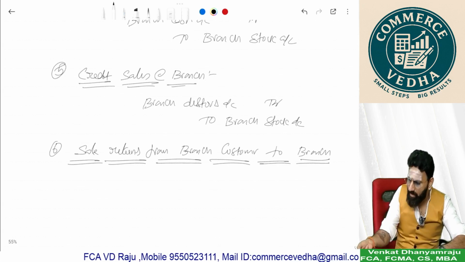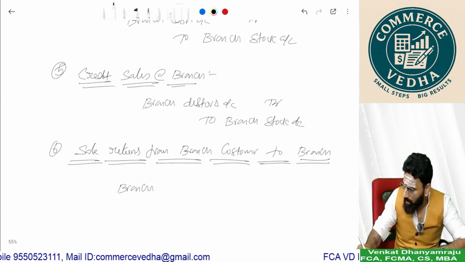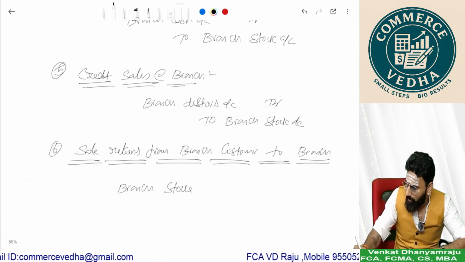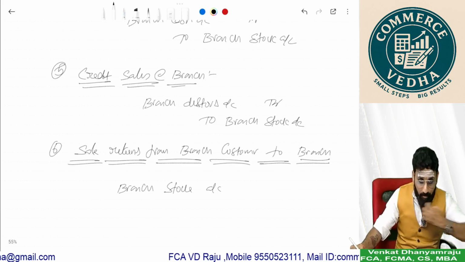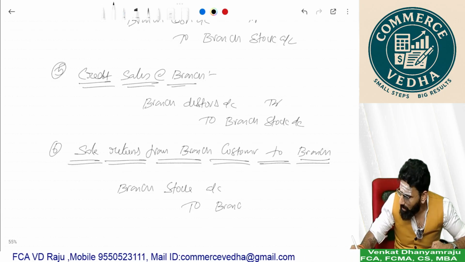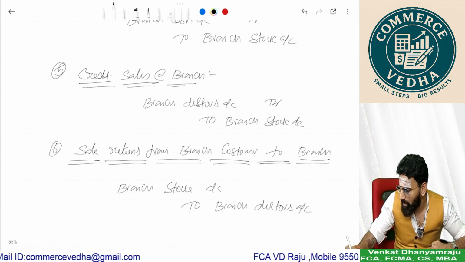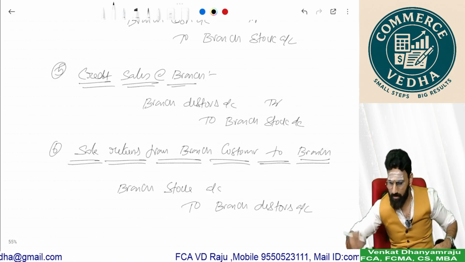So the reversal entry is very simple here. Branch stock account debit, it is coming back to the stock, to branch debtors. So the entry we reversed.